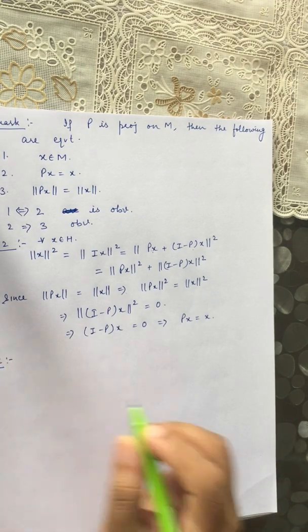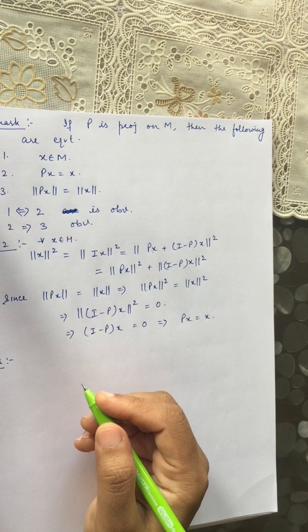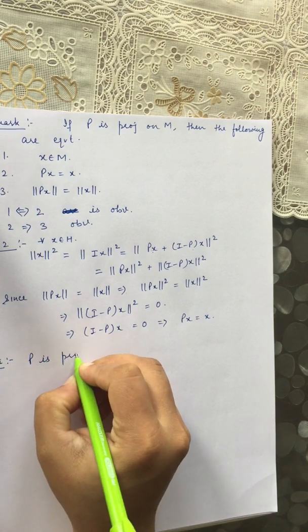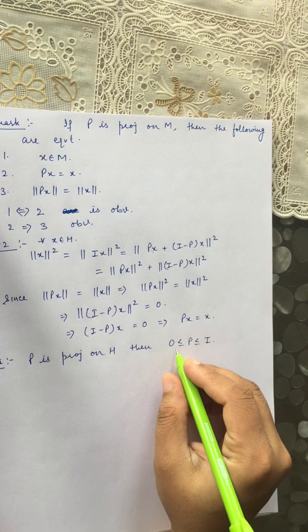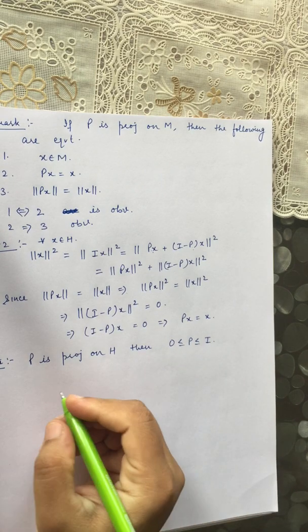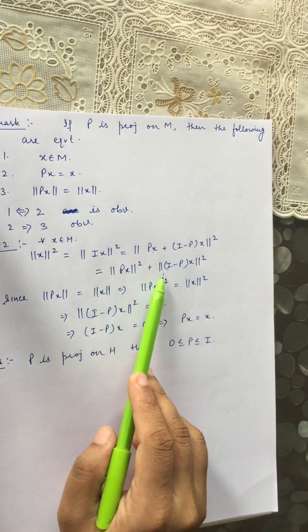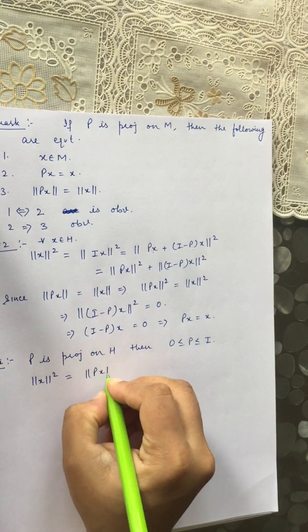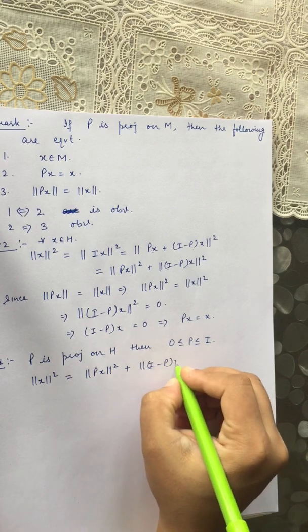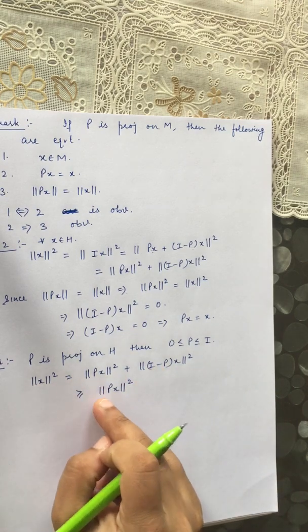Now one more thing we have to note about these projections: if P is a projection on Hilbert space H, then P is an operator which lies between 0 and I. So if P is a projection on H, then P is lying between 0 and I, which means P is a positive operator, but it is less than or equal to I. From this relation, norm of x squared is equal to norm of Px squared plus norm of I minus P applied to x squared, we can say this is greater than or equal to norm Px squared, because the norm of anything is non-negative, so we can write norm of x squared is greater than or equal to this.